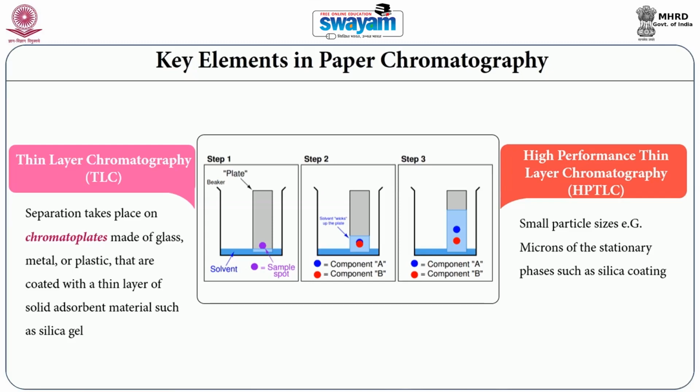Now, as far as these chromatoplates and the coating are concerned, sometimes plates incorporate a compound that will fluoresce under UV light. So remember, we listed the key components of a process, and the first one is, of course, the stationary phase, the second is the separation and the principle of separation, and the third is the development.